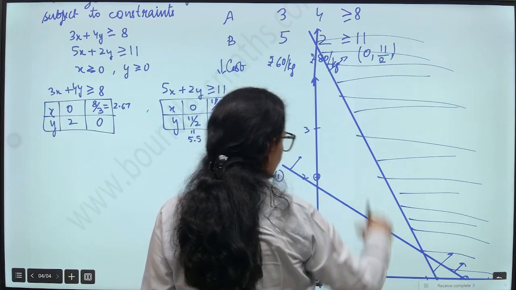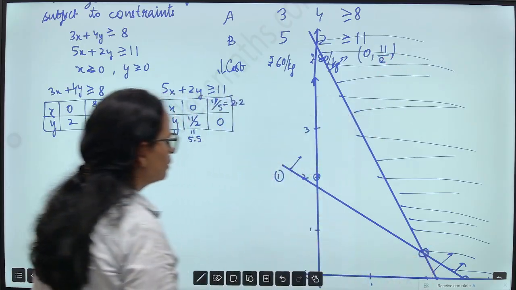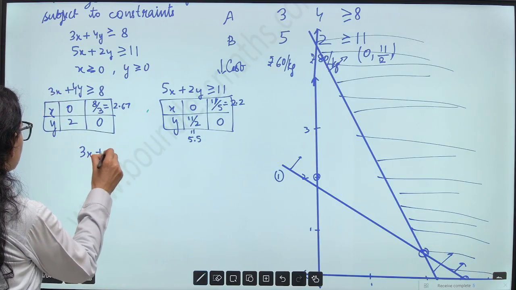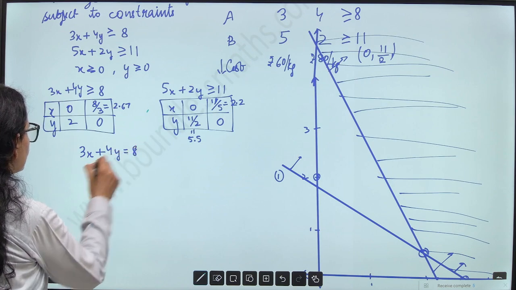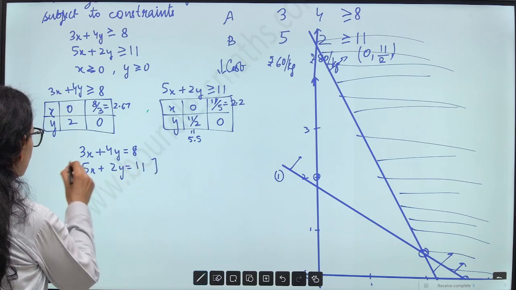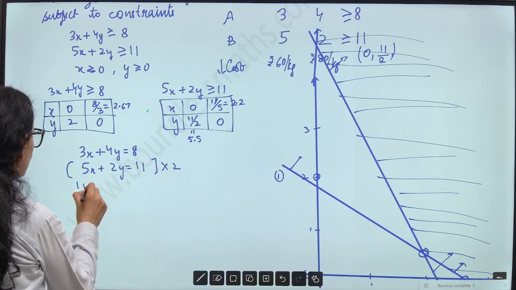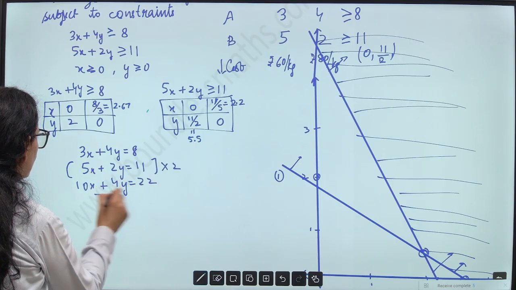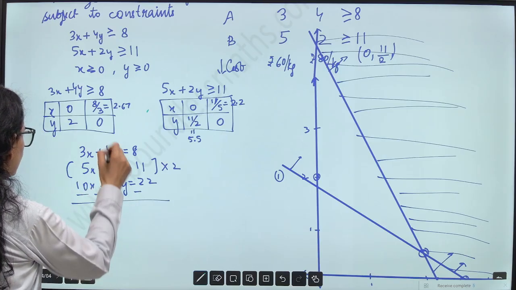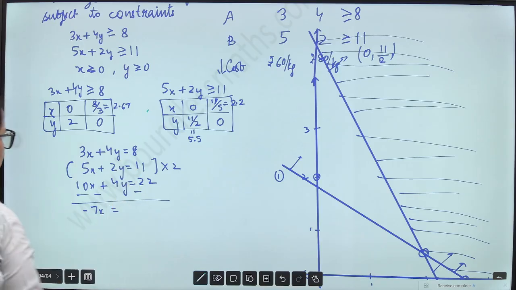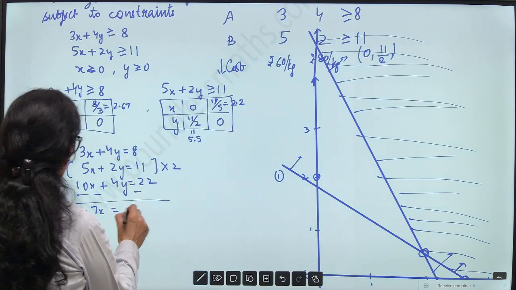So this is this point, and we need to find the point of intersection. So let's solve them: 3x plus 4y equals 8 and 5x plus 2y equals 11. Let's multiply the second equation by 2. It becomes 10x plus 4y equals 22. Subtracting, we get minus 7x equals minus 14.